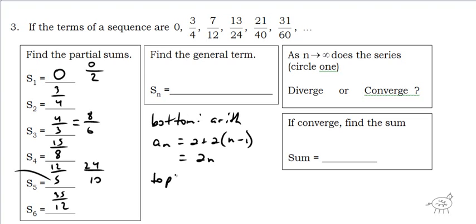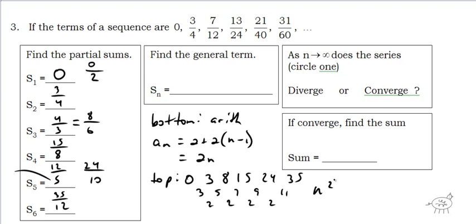The top is actually more tricky. The top, I don't really recognize that. So what I'm going to do is list some of these terms out: 0, 3, 8, 15, 24, and 35. The difference between these: 3, 5, 7, 9, 11. The difference between these: 2, 2, 2, 2.